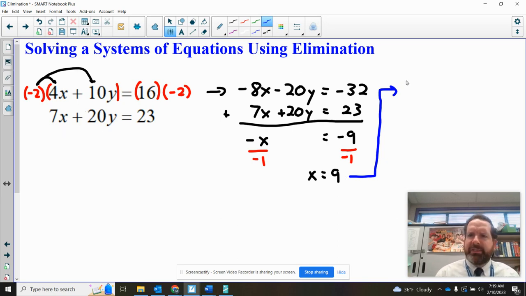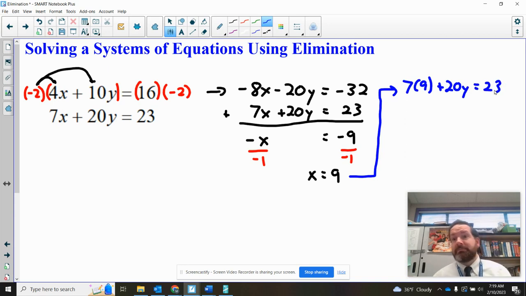I'm going to take the bottom equation. You could use the top just as well. Put the 9 in for the x. The y I don't know, so we'll leave it as a y for right now. And now let's see what we got. Simplify first. 7 times 9 is 63.